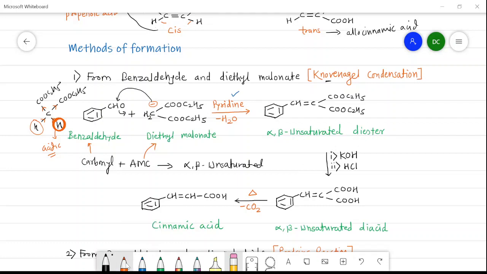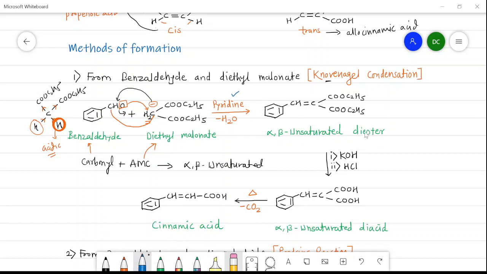In this reaction, we have to keep in mind that the hydrogens attached to the carbon and the oxygen of the benzaldehyde are removed as a water molecule, and this carbon is going to join with the carbon of diethyl malonate and form a carbon double bond carbon, that is an alpha beta unsaturated diester. This is the Knoevenagel condensation reaction.